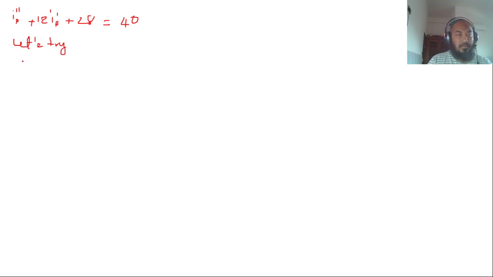Okay, alpha, sorry, IP equal to alpha. Okay, so we will get IP dash is equal to 0, and IP double dash will be equal to 0.